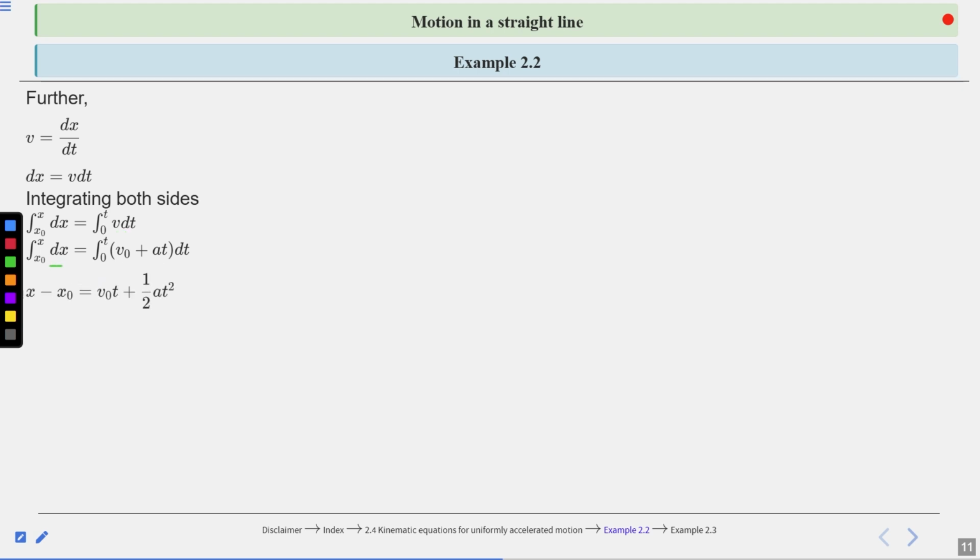Integrate dx, so it will be x minus x naught is equal to the integration of v naught, so it will be v naught t plus the integration of a dt, which is half at square. So the equation becomes x is equal to x naught plus v naught t plus half at square. This one.